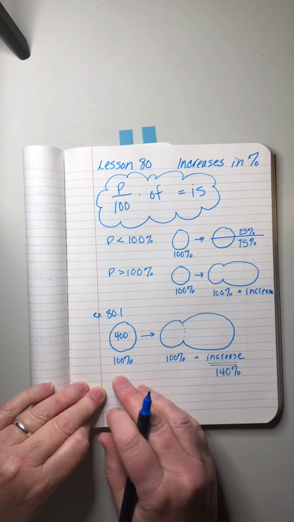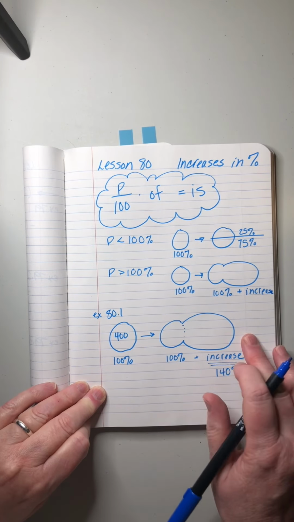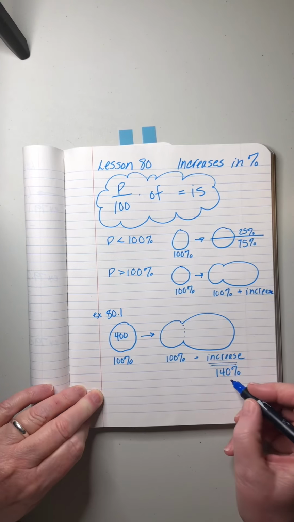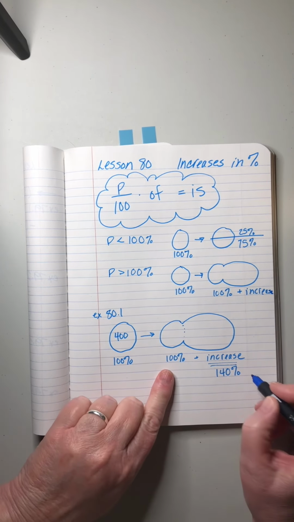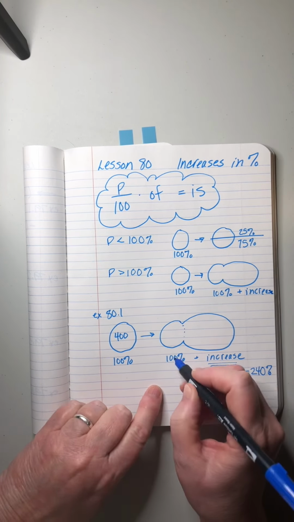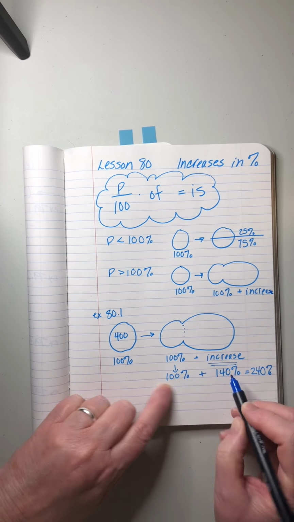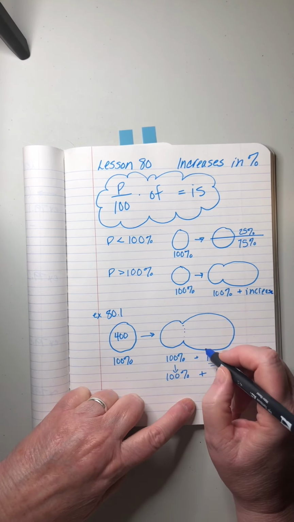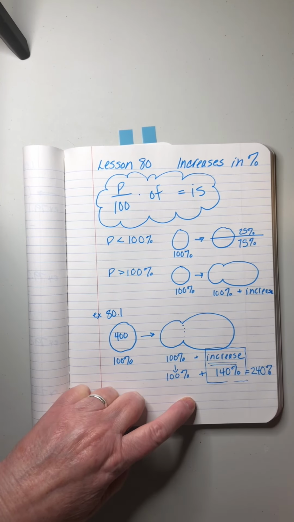Okay, so what we want to do is we want to find out how many rats they had in the end. So this is a classic frickin' formula. We need to take 240%, right? Because it's the amount we had plus the increase. And we know that the increase was 140% because John told us so in the story.